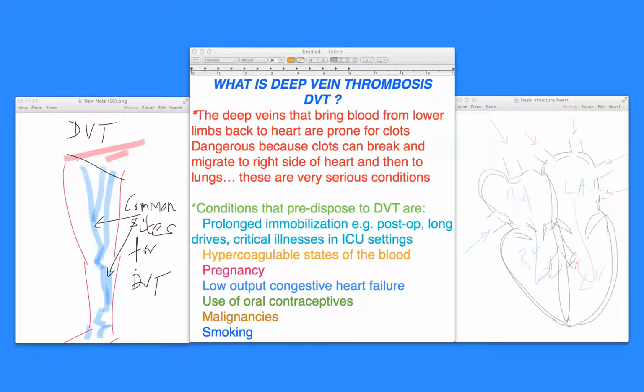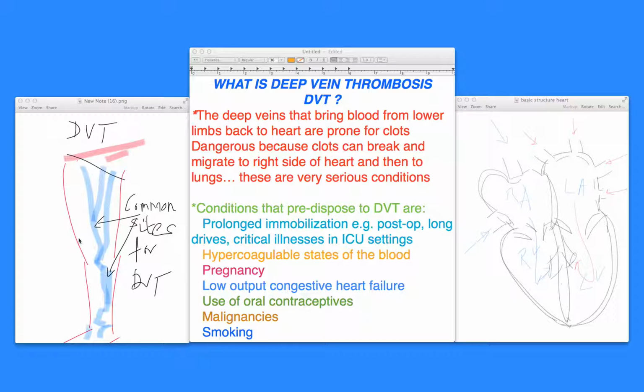Once they're in the right atrium, obviously the heart is a dynamic organ, so the right atrium sends it to the right ventricle, and boom, it goes through the pulmonary artery into the lungs. And that becomes a very, very serious or critical condition, because now you have a clot in the lung.